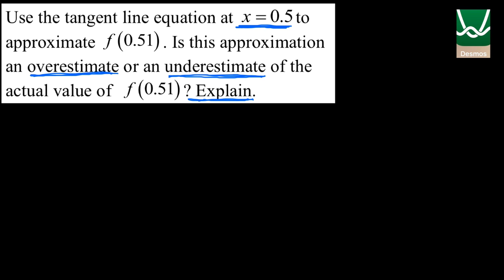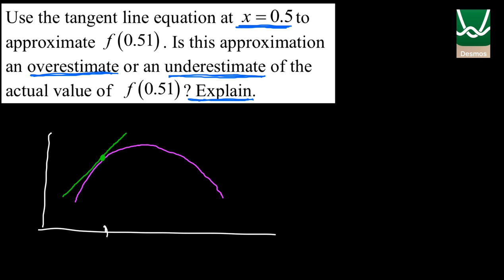and determine why we know that answer. All right, so just to give us a little bit of information here, if you have a curve on your graph and we're trying to look at a point right here, for example, and we've got a tangent line, and let's just say this is on a graph somewhere, and this value is at 0.5. 0.51 is going to be a little bit to the right of that, which means if we follow that up, we're going to have a point here and a point right here.